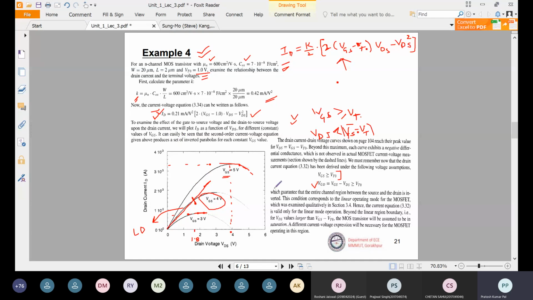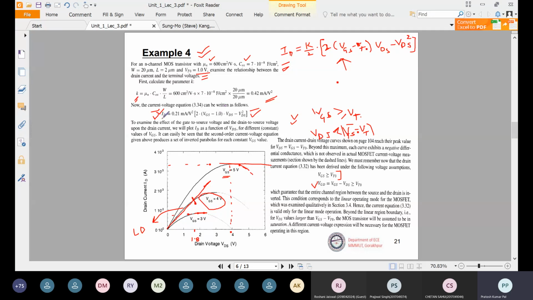But in actuality, after the maximum value of current is achieved, the current remains constant as we increase the drain to source voltage beyond that. So this indicates that this is not the only relation to describe the behavior of our NMOSFET, and its behavior cannot be verified by just this equation.